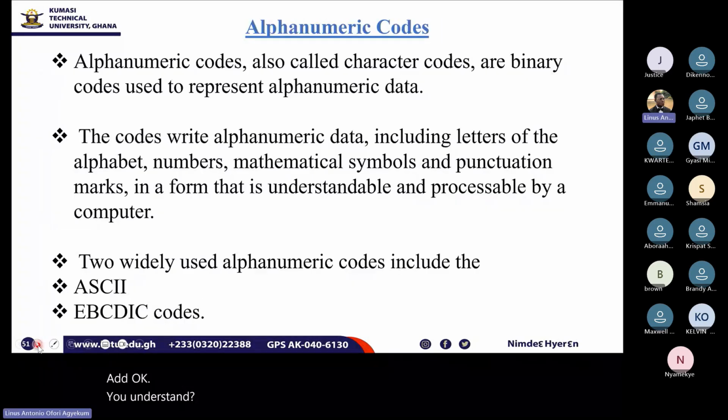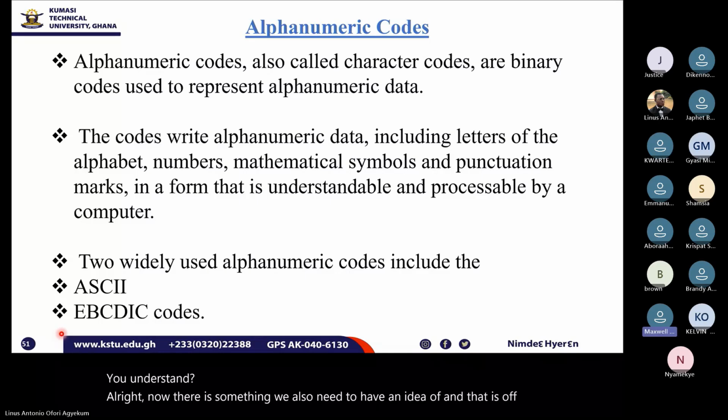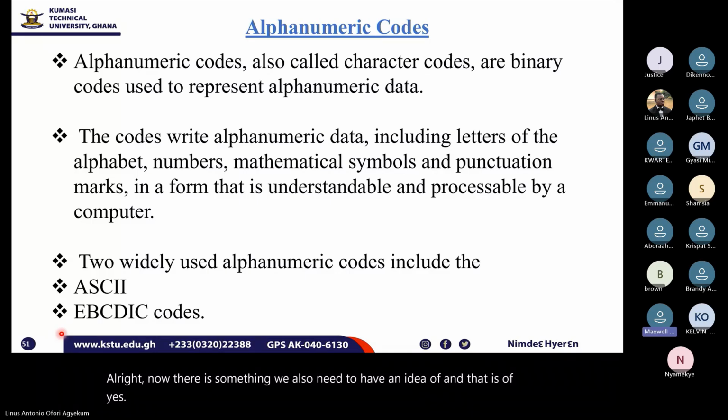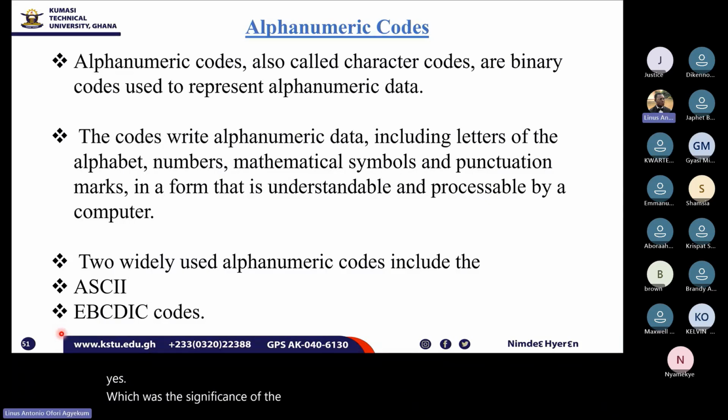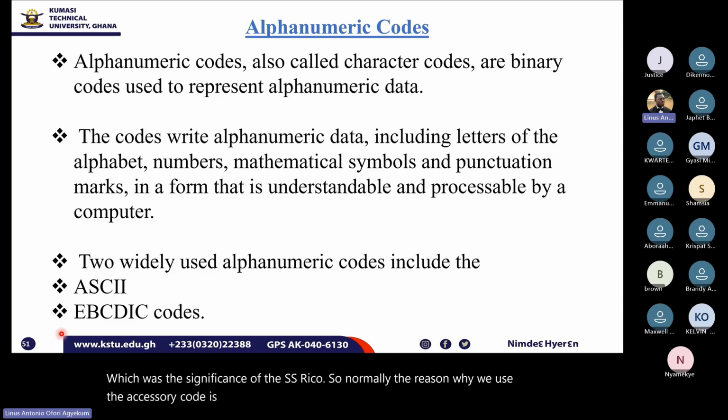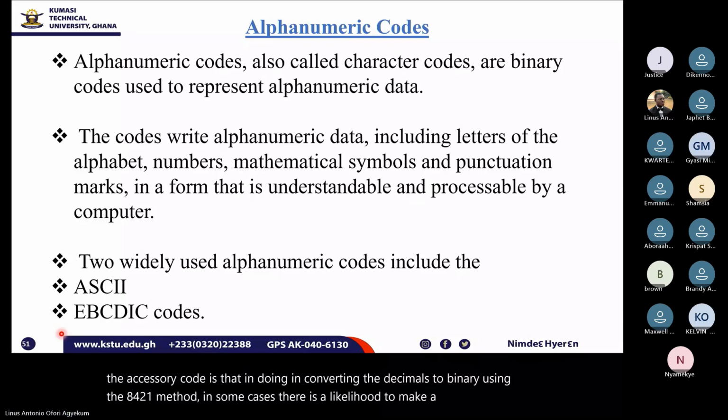All right. Now, there is something we also need to have an idea of. What's the significance of the XS3 code? So normally, the reason why we use the XS3 code is that in converting the decimals to binary using the 8421 method, in some cases, there is a likelihood to make a mistake because of the addition of zeros.